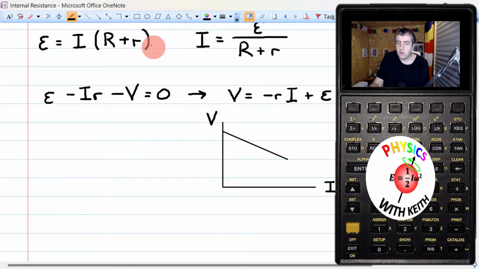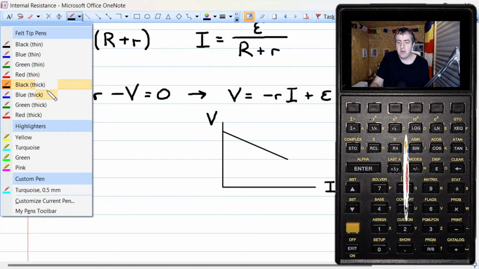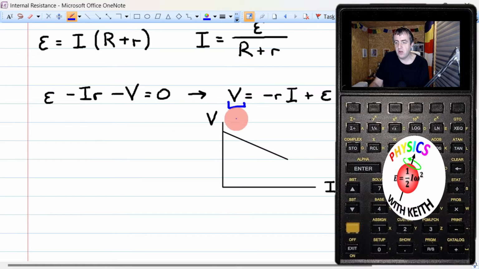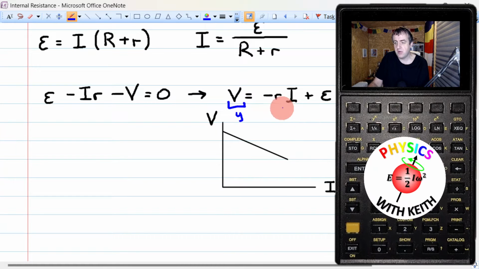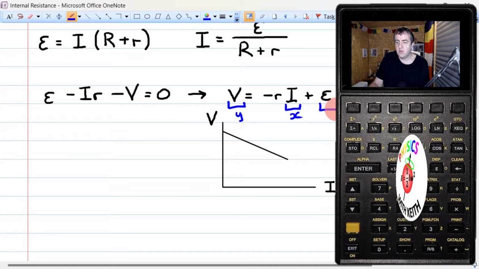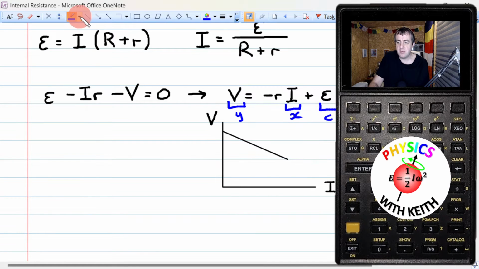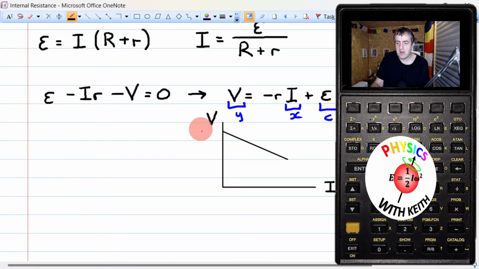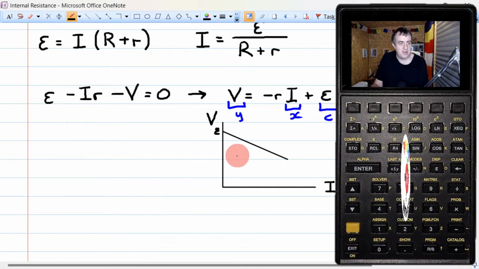Because it's in the form y equals mx plus c, I've plotted this on the y-axis, and I've plotted this on the x-axis. So the y-intercept is going to be equal to epsilon. We could mark that off there. That value is epsilon.